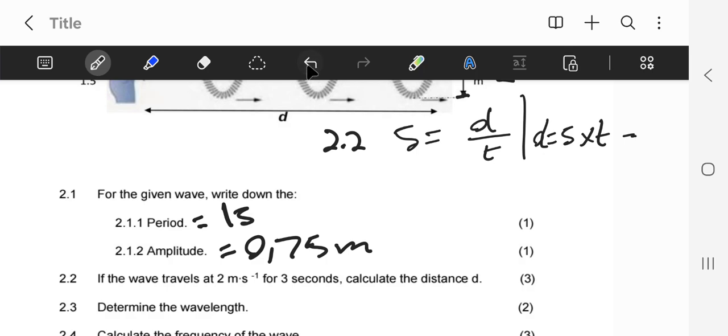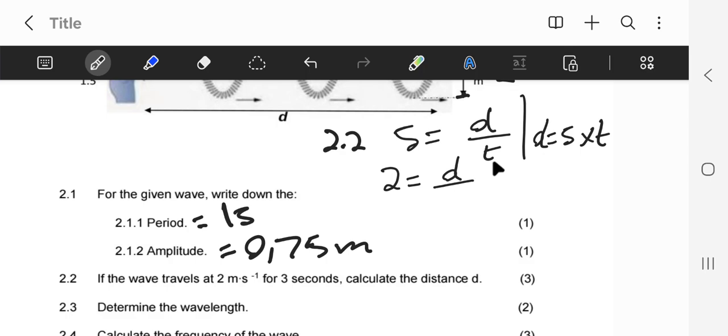That formula is also welcome. The one I'll use is the first one. My speed is this 2 meters per second. We know that speed is measured in meters per second, so I'm gonna write 2 here, and then the d is the distance which I've been asked to find.